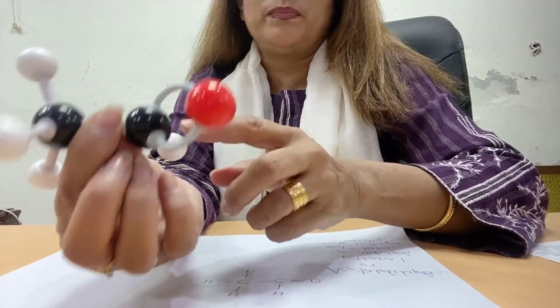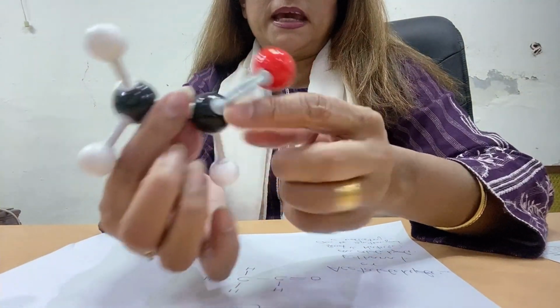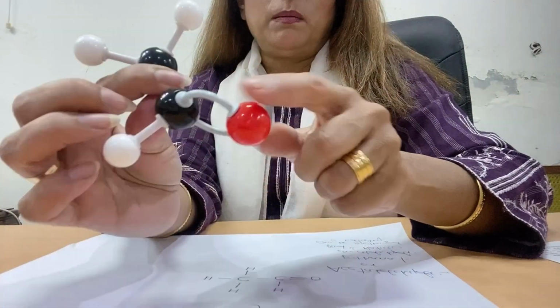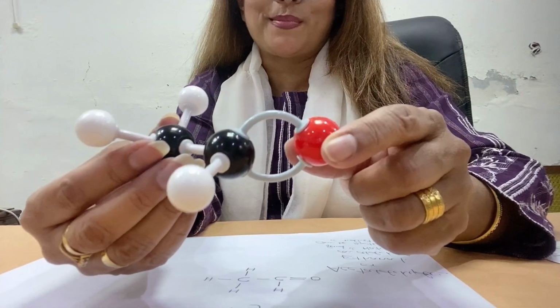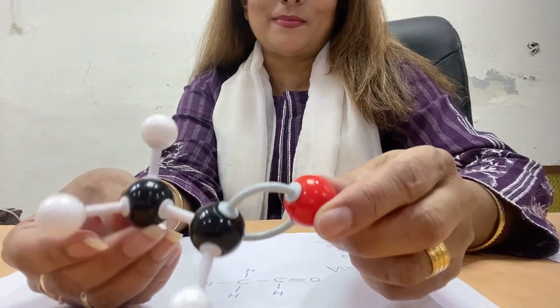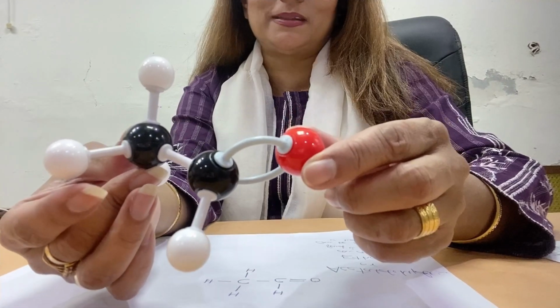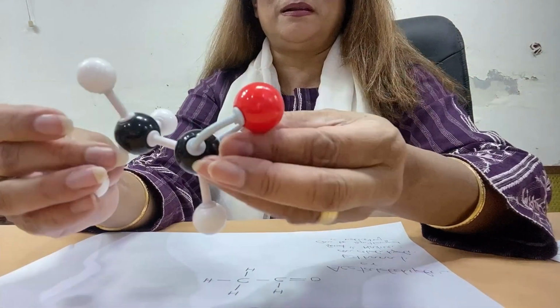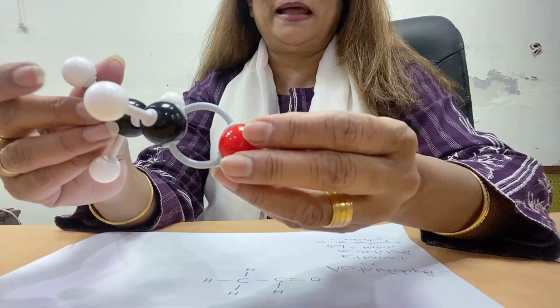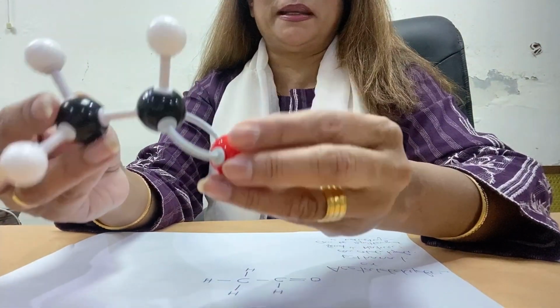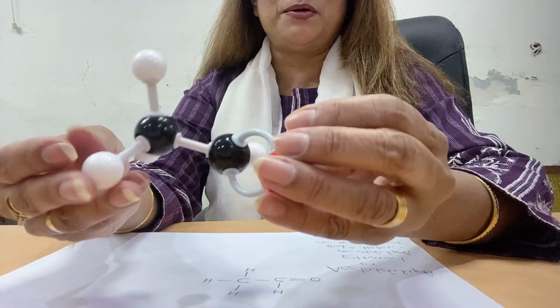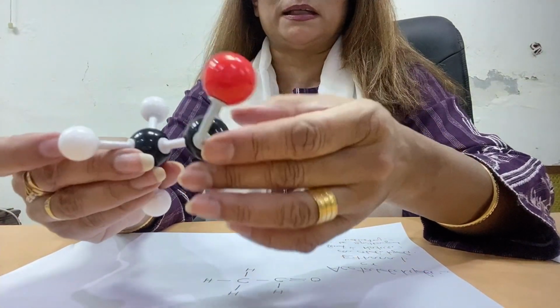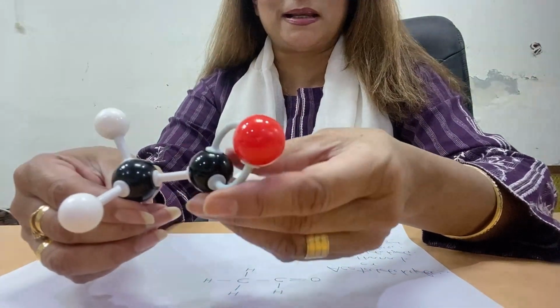CH3, CH, double bond, O. Wow, it just looks simply amazing. Just look at this beautiful molecule. And the connectivity is how they are connected. So this is how you can prepare an acetaldehyde or ethanal molecule.